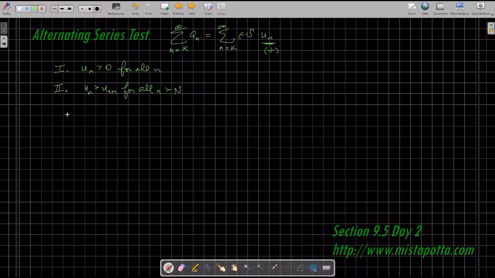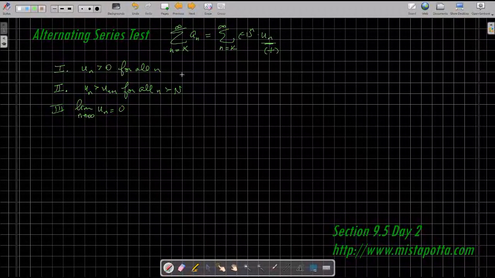And the third is that these terms really need to be headed towards 0. And if they aren't headed towards 0, then I'm kind of violating the nth term test. But this is just kind of a safeguard to make sure that these terms actually do get progressively smaller, but also approach zero.